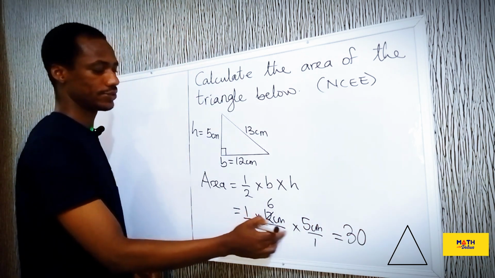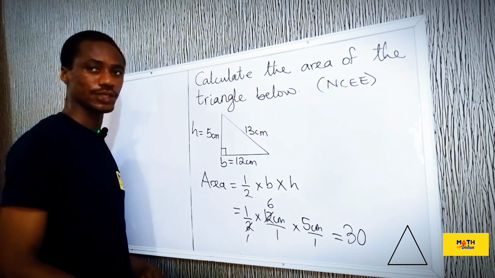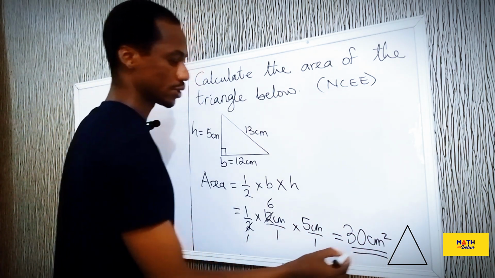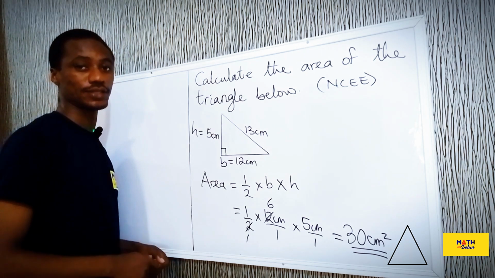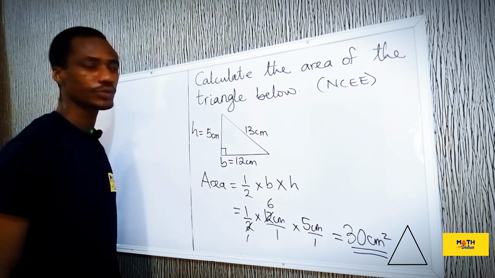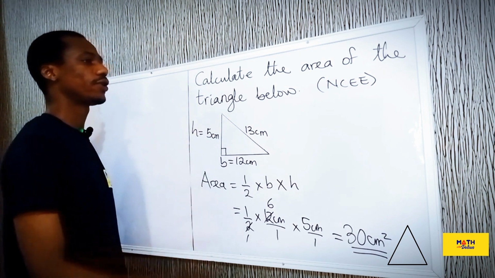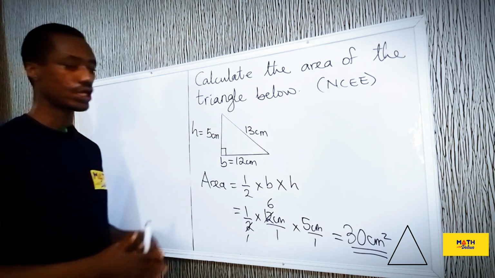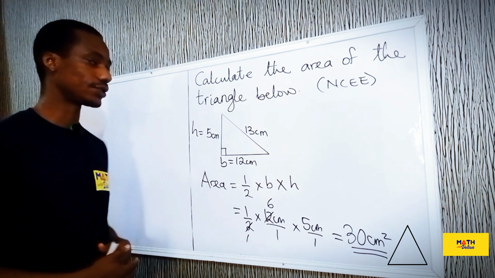And then centimeters times centimeters will be centimeters squared, and that's easy peasy. Well done. So the area of the triangle with this dimension is 30 centimeters squared.